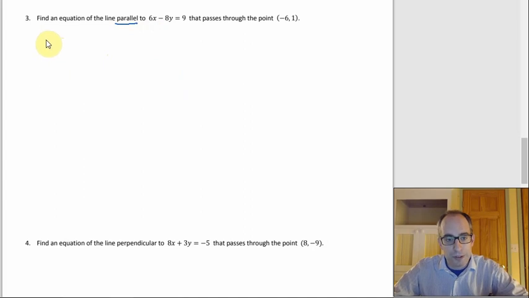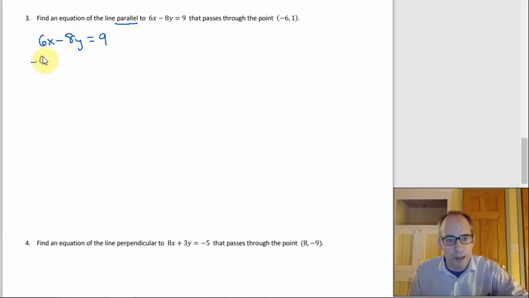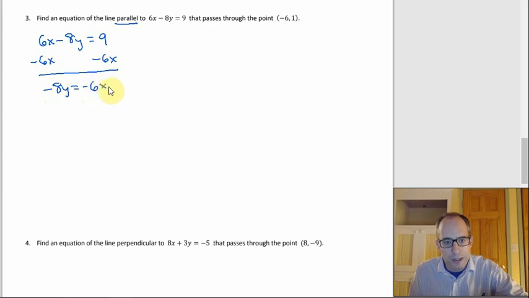All right, so 6x minus 8y equals 9. I want to figure out the slope of this. So I'm just going to get the y term by itself and then get y by itself. So if I subtract 6x from both sides, then we're going to have that negative 8y equals negative 6x plus 9. And then I'm going to multiply both sides by negative 1/8. So negative 1/8 times negative 6x plus 9.